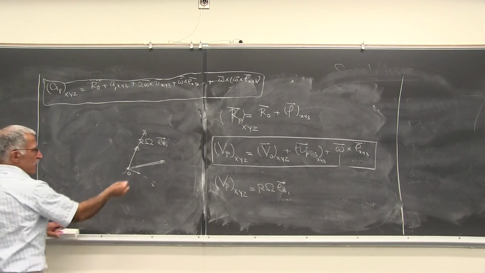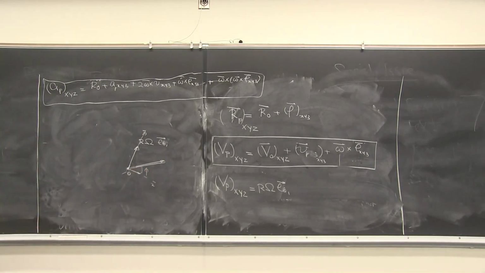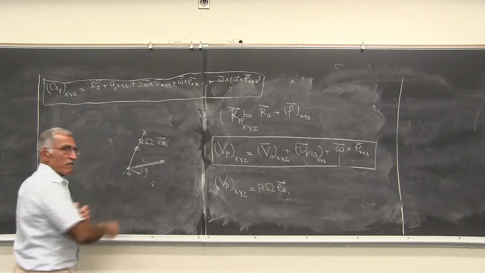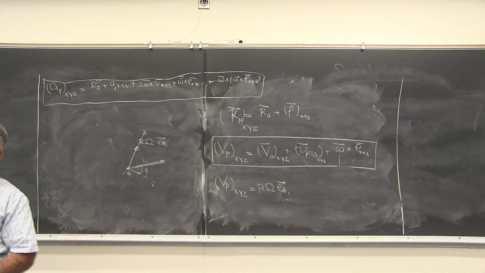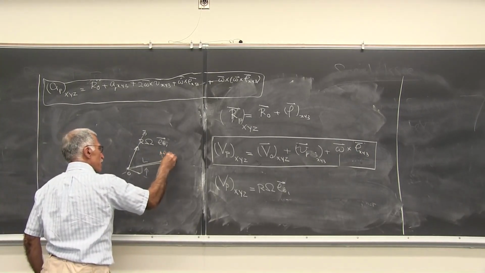And this object is going around with this angle phi. And what is the velocity of that point? What is that? L phi dot. The length is L, the angular velocity is phi dot, and the direction of that one is in this direction, E phi.